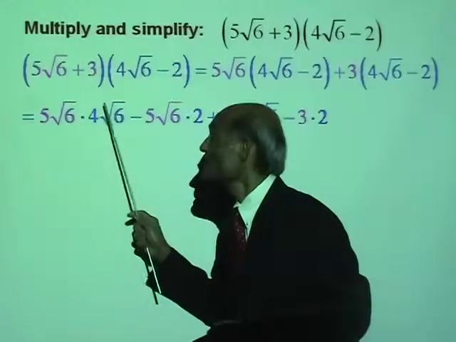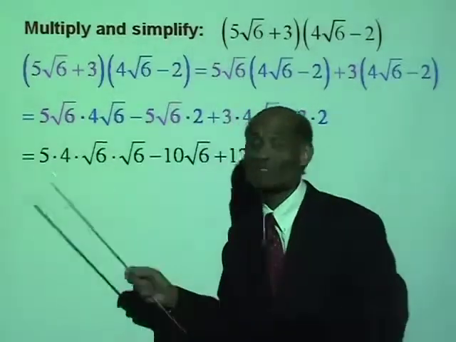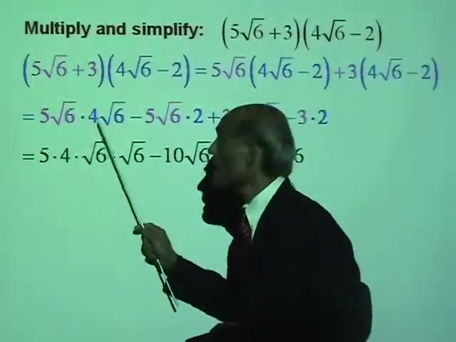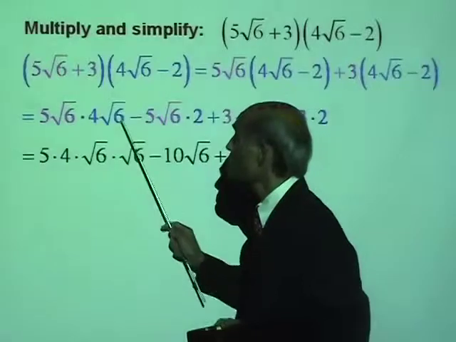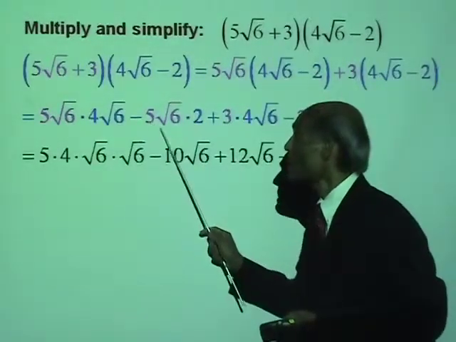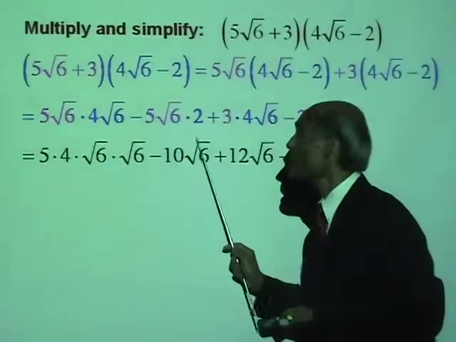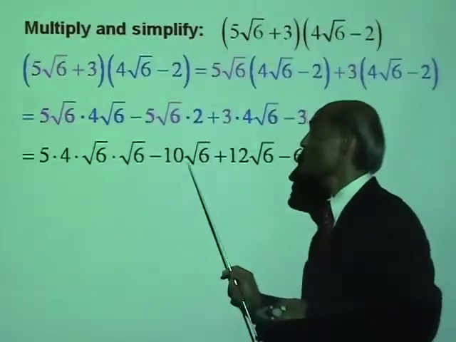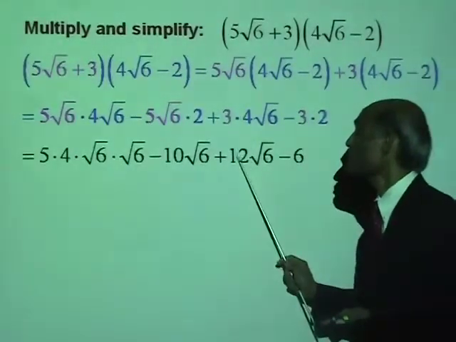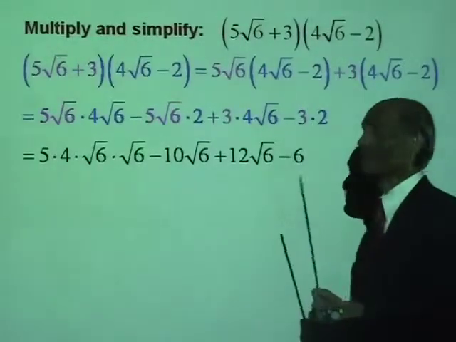Square root 6 times square root 6 is going to be a 6. That will be 5 times 4 times square root 6 times square root 6 minus 5 times 2 is 10, and 10 times square root 6 is that term, plus 3 times 4 is 12 square root 6 minus 6.